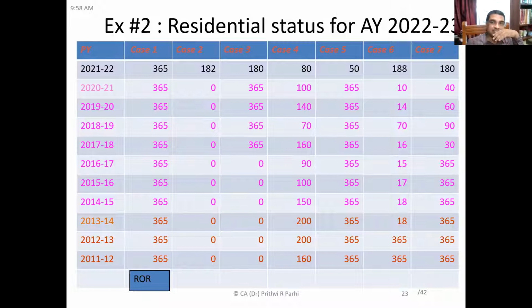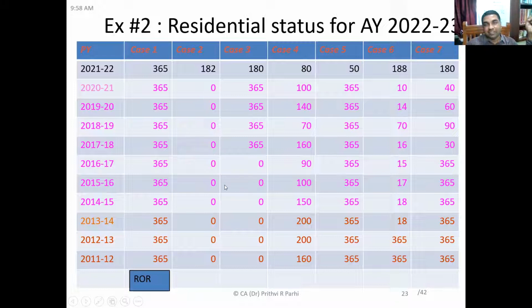Ordinary resident, yes, sir. What is the condition of ordinary resident? In the 7 preceding years, he should have stayed at least 730 days. Has he stayed for 730 days?